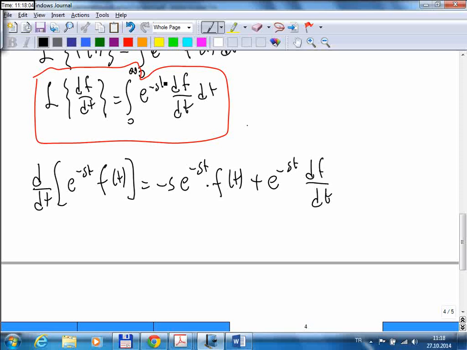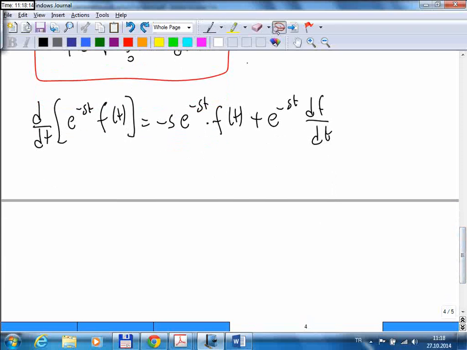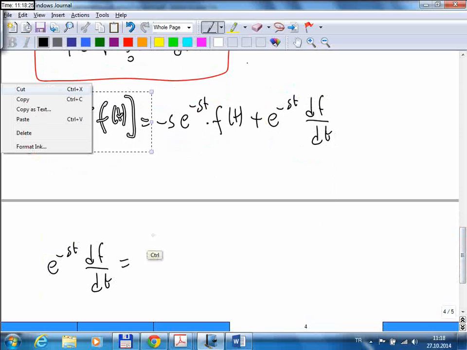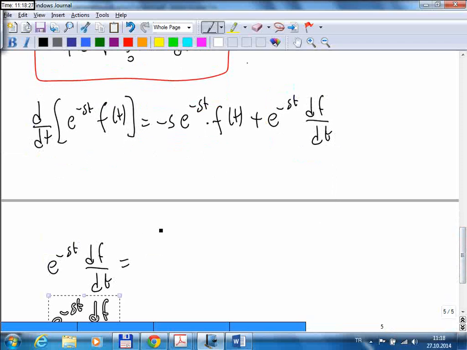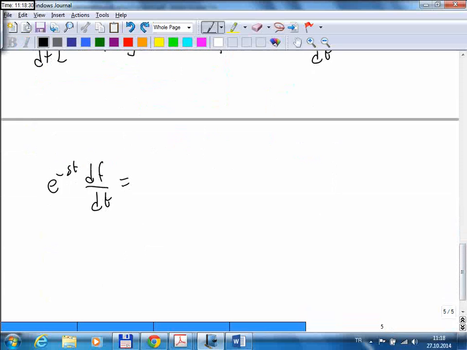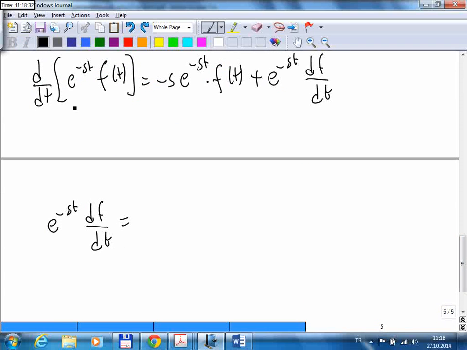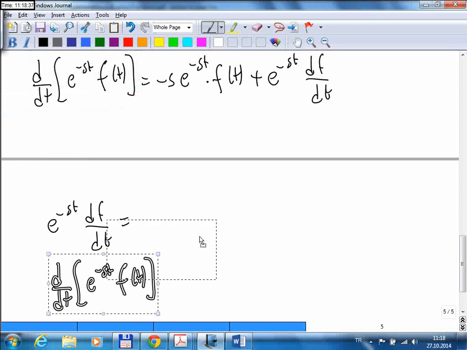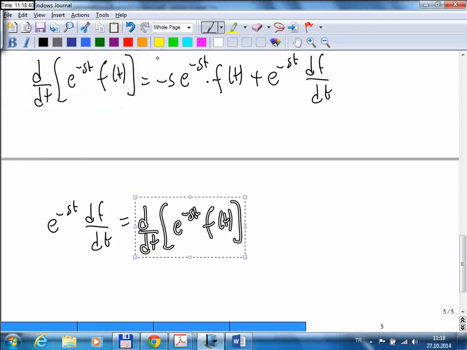Okay, so we need to integrate this term, but that term is equal to this term here, right? So we can write this in terms of the other two terms. In other words, we can say that this is equal to this thing minus this thing.